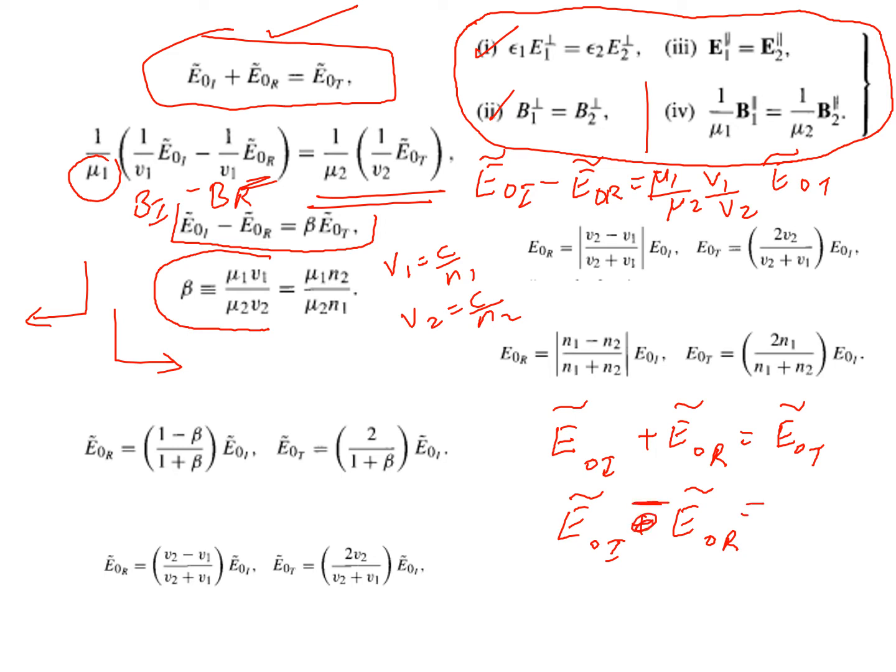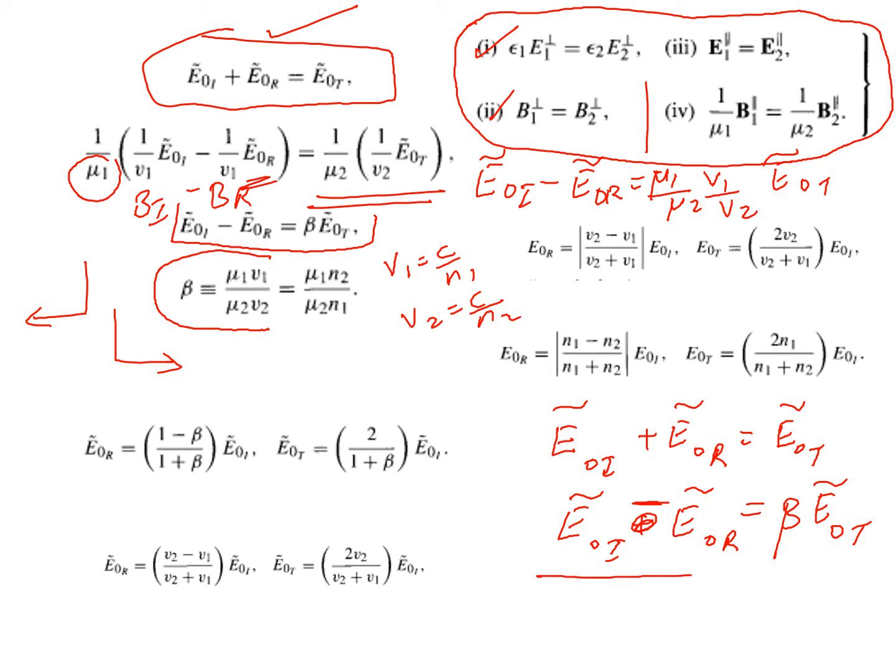Minus, equals beta times E0T complex. So we got two linear equations in two variables. So we can solve for E0R and E0T in terms of E0I.